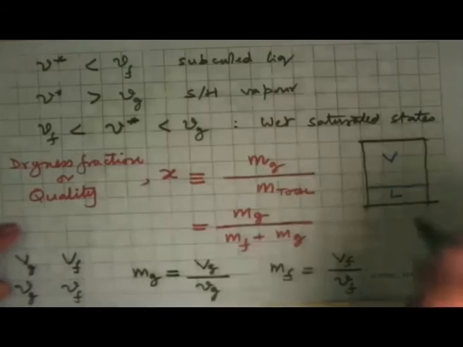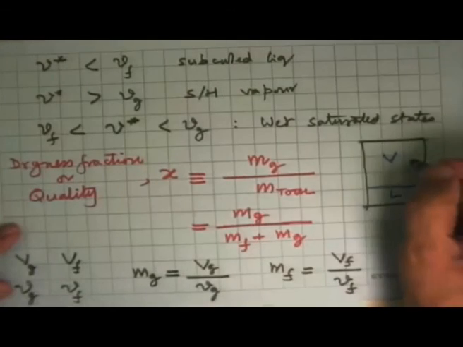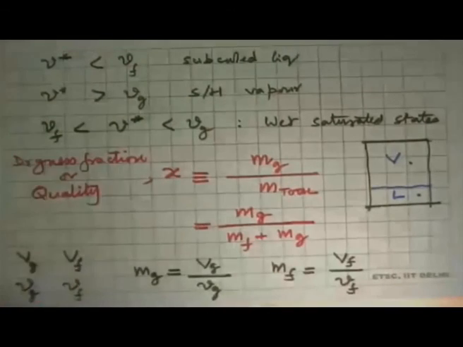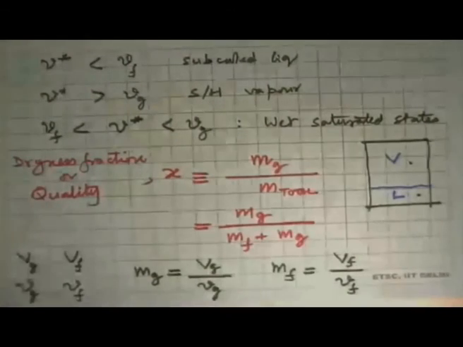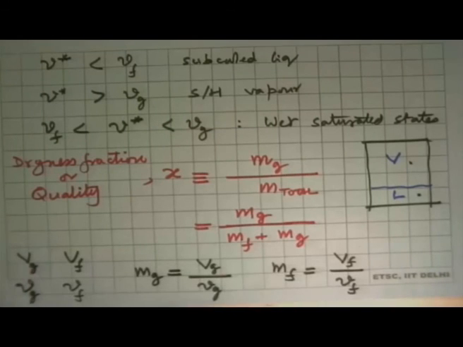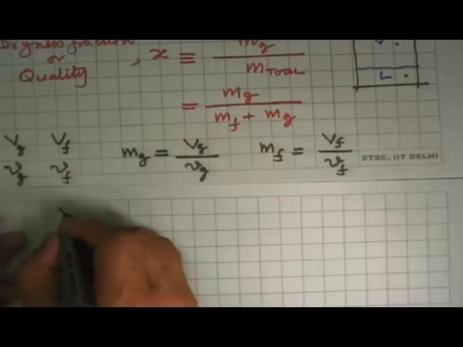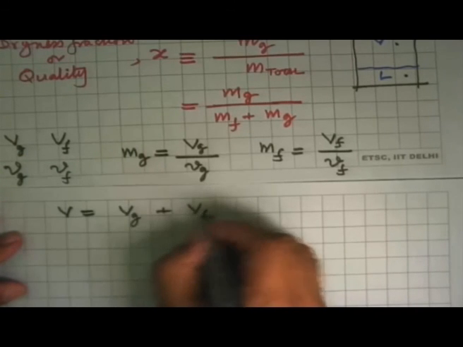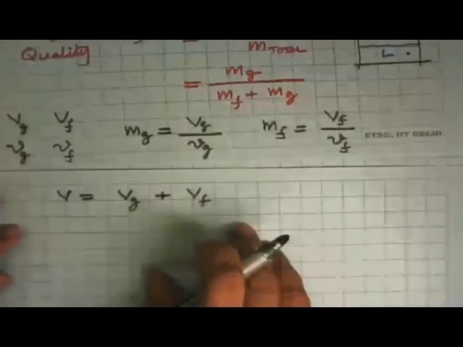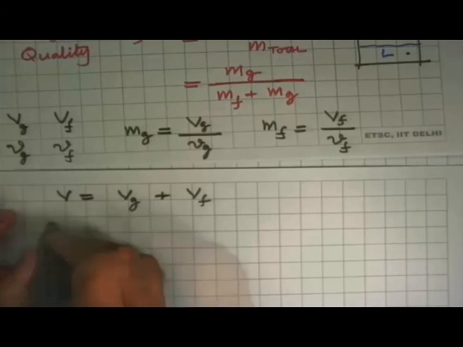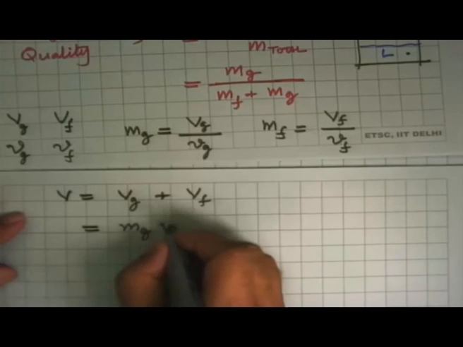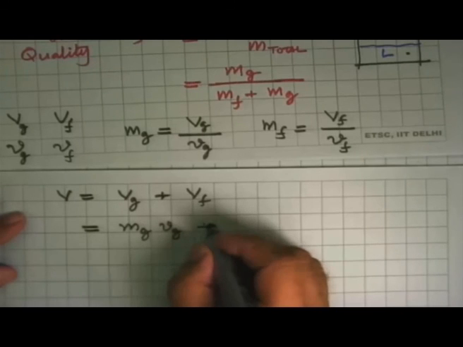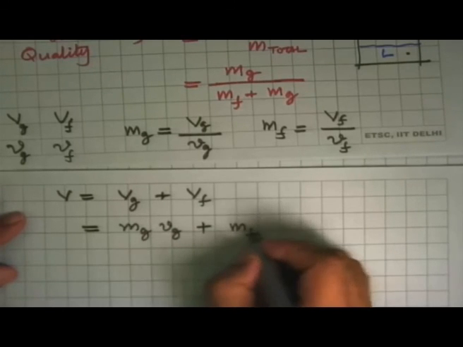Remember that we are just looking at two things here: saturated liquid and saturated vapor. They are in thermodynamic equilibrium. So if we exploit the fact that V is equal to Vg plus Vf, and substitute, we get that the total volume is mg vg plus mf vf.